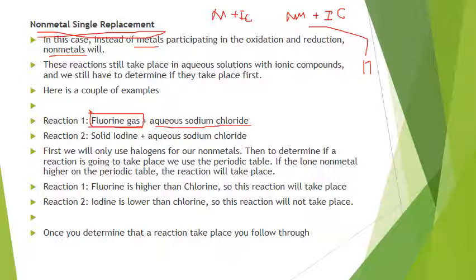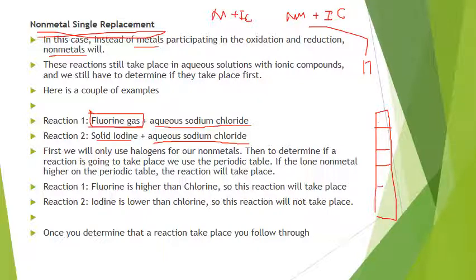Okay. So fluorine gas, and with aqueous sodium chloride, we want to see if that reaction takes place. And then we're going to look at sodium iodide plus aqueous sodium chloride and see if that reaction takes place. So the way that's going to work is you look at the periodic table, and we're just going to deal with the 17th column.